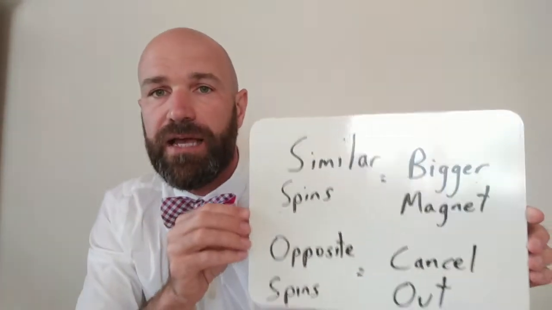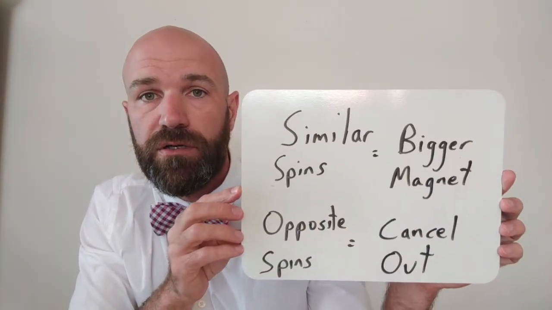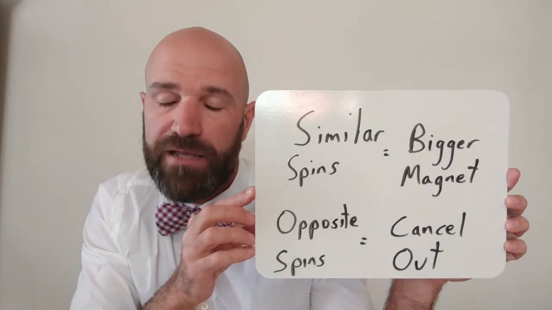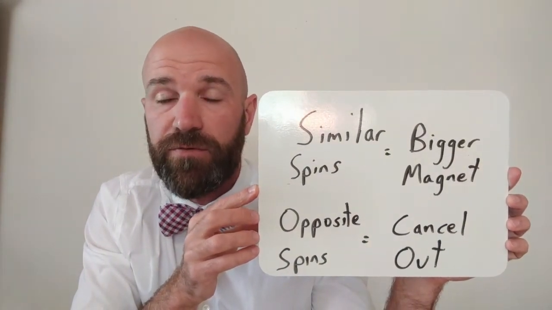When we look at electron spins, it turns out electrons will spin in different directions. You can visualize it as maybe one electron in the atom going clockwise, and the other electron in the atom that's orbiting going counterclockwise. It's two different spins, and that's going to make two different magnetic fields. If the electron spins are similar, they will combine their magnetic fields and make a bigger magnet for that atom.